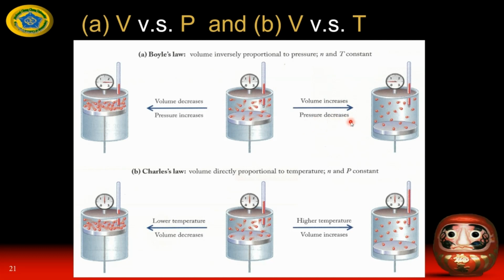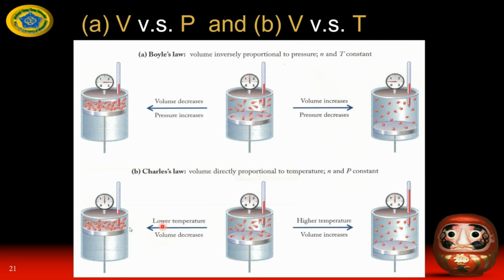So what does that mean? Inversely proportional, right? Something increases and causes something else to decrease. So this is called Boyle's law, the relationship between volume and pressure. And Charles' law is what? Charles' law keeps the moles and the pressure constant, and you change the volume and the temperature.